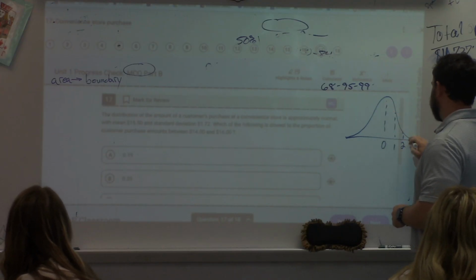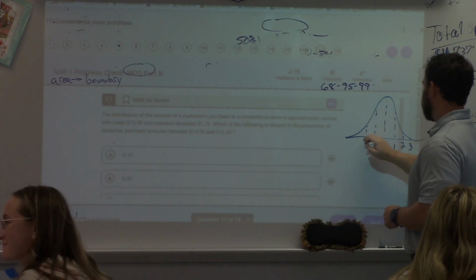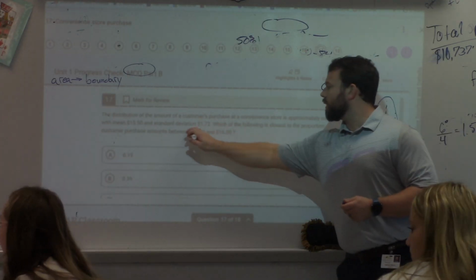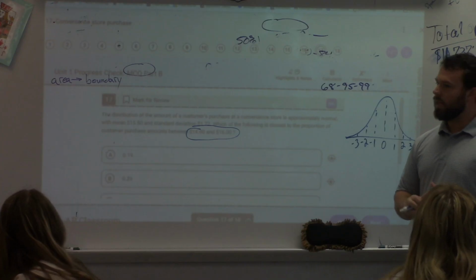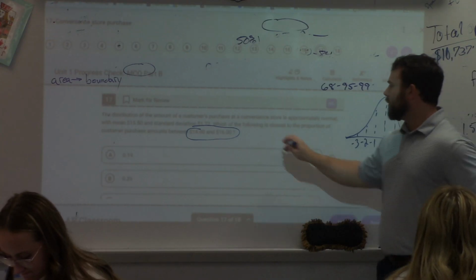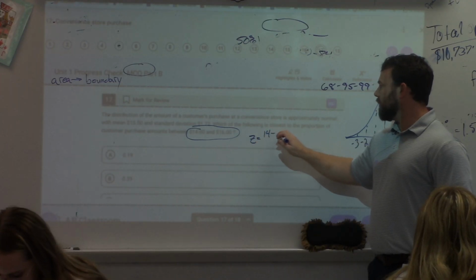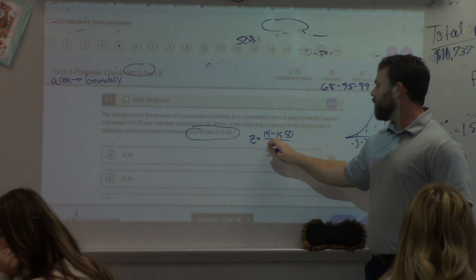1, 2, 3, and 1, 2, and 3. What do I need to do with this right here? I need my z-scores. I need to know where those are located on my normal distribution. So 14, my value, minus my mean of 15.50, divided by 1.72.